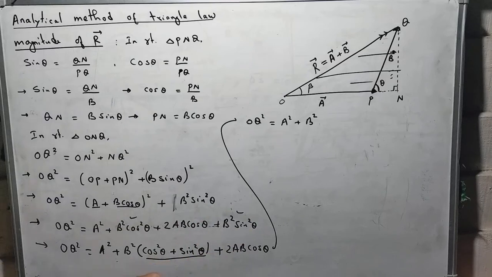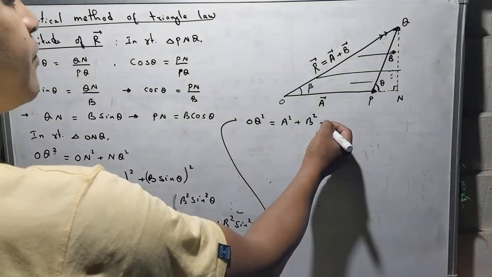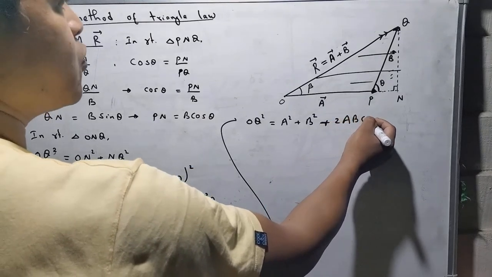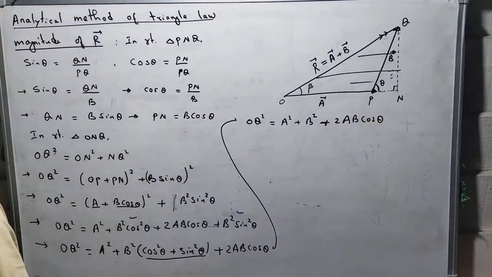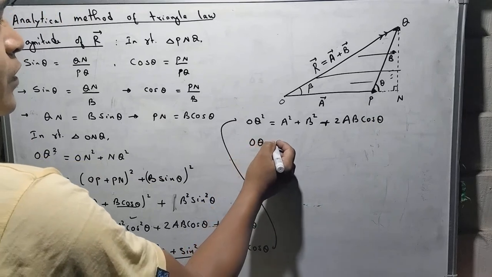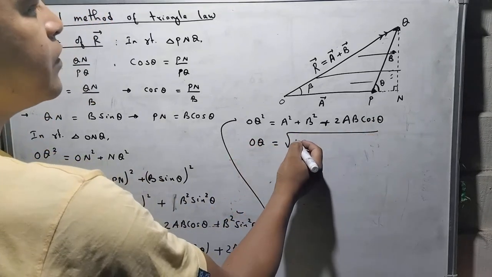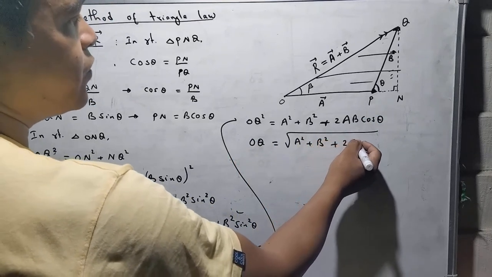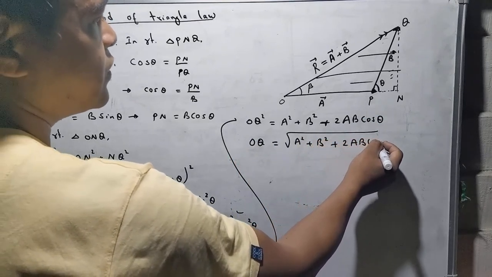So 1 times B square will be just B square, plus 2AB cos theta, or just OQ is equal to root over A square plus B square plus 2AB cos theta.